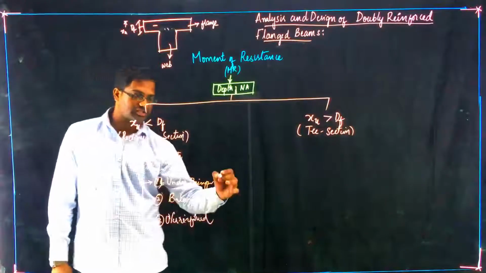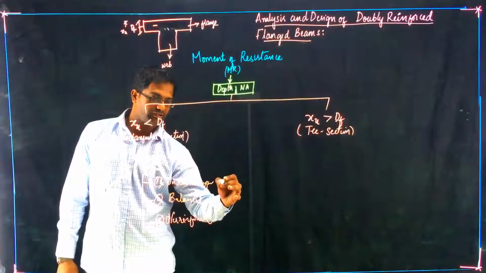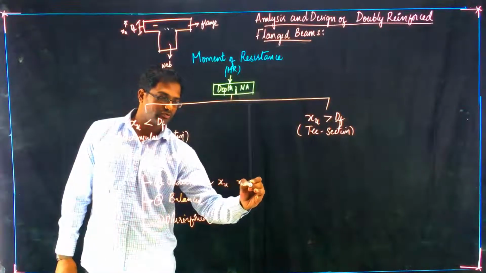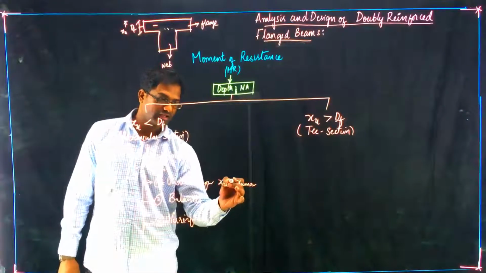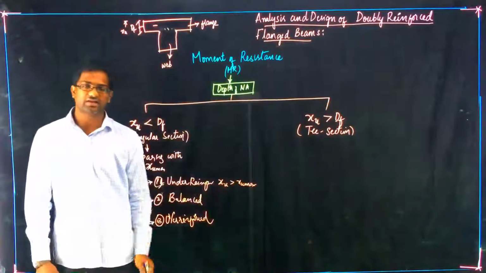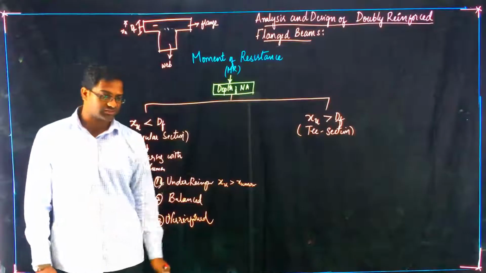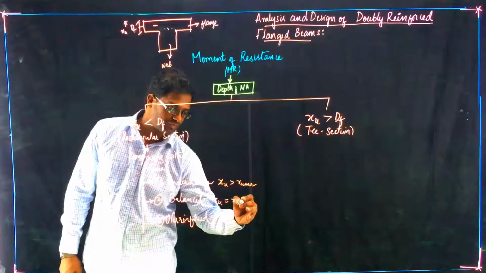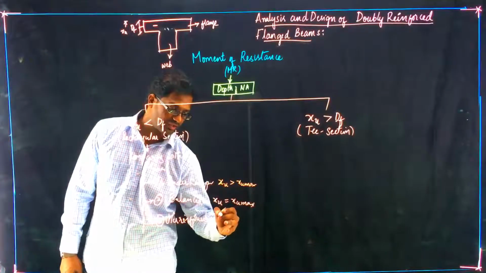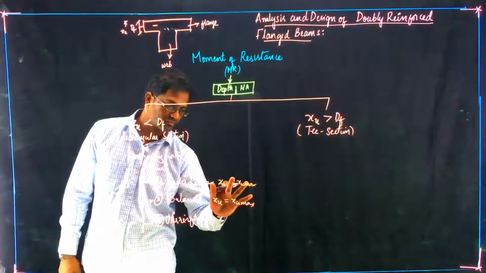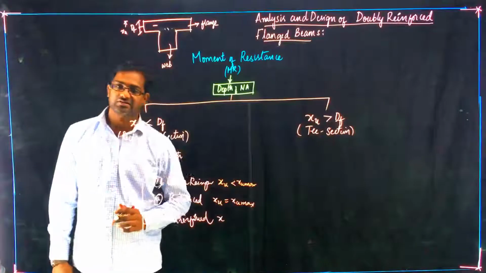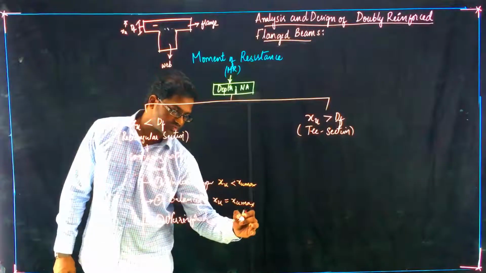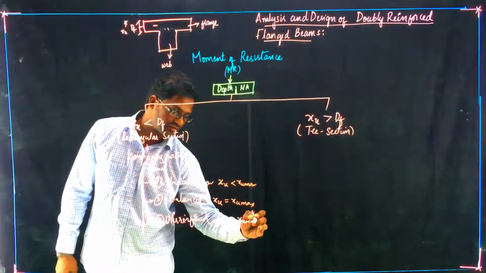Under reinforced section is when you compare the neutral axis with the limiting neutral axis, and your neutral axis is within the maximum neutral axis, whereas balanced is where both of them are equal. For over reinforced, your neutral axis is more than x.